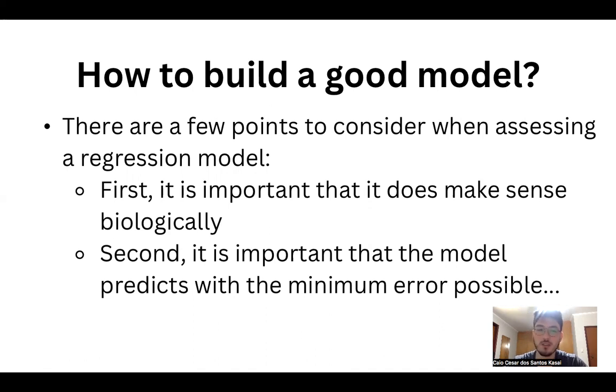They need to make sense, okay? Second, as we already discussed, it is important that the model predicts with the minimum error possible, right? And to do that, it is very important that the assumption that the expected value of the error is equal to 0 holds.